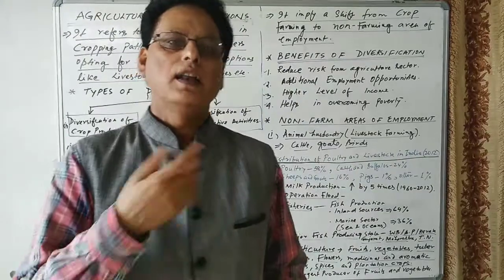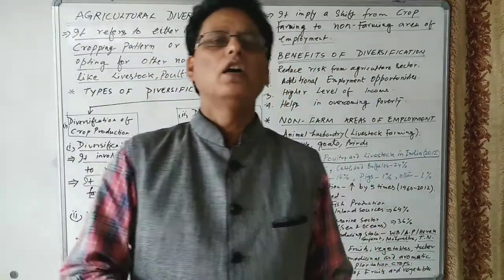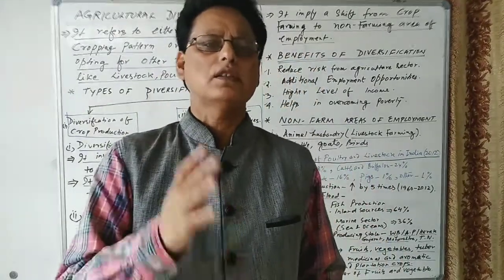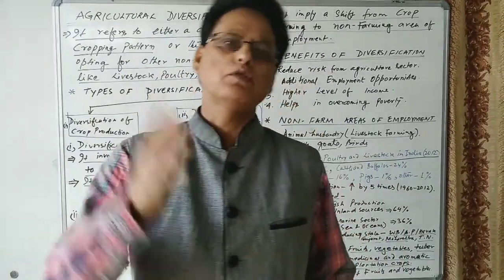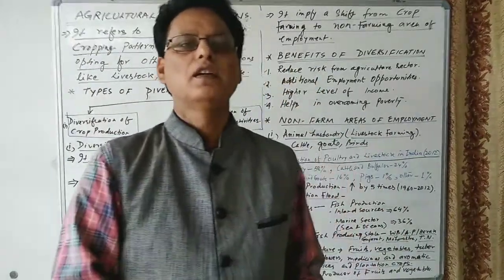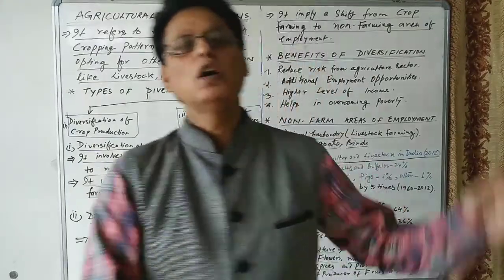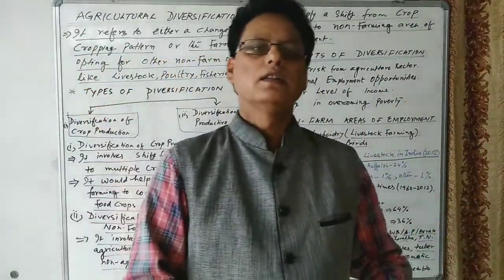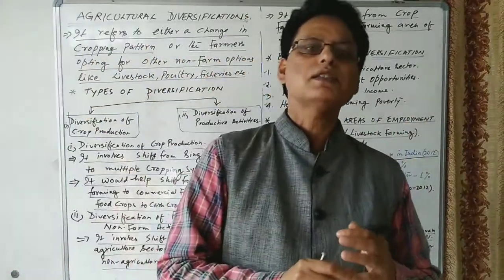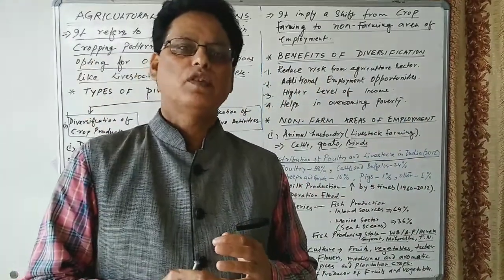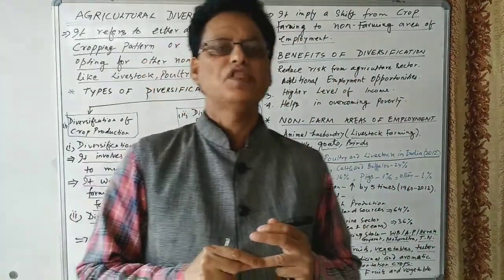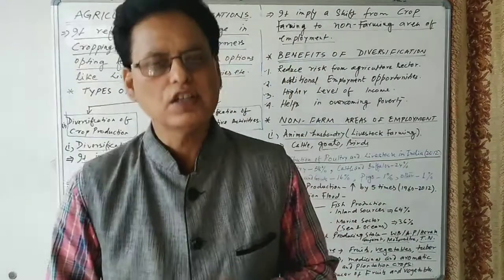Livestock, fishing, horticulture, and the information technology sector are there. The people living in the rural areas must shift their priority from farming to non-farming, from the production of crops to the production of non-crops. They must give priority to the production of livestock, fish, and horticulture.